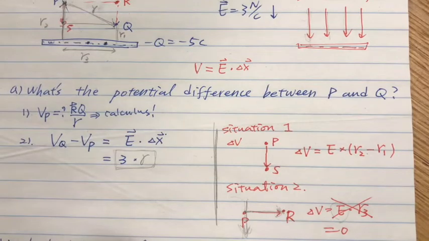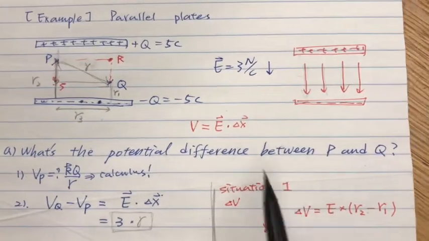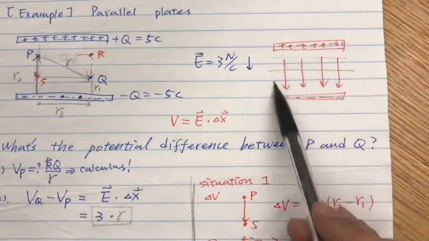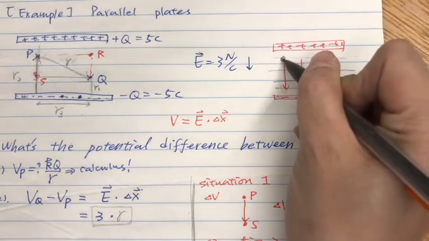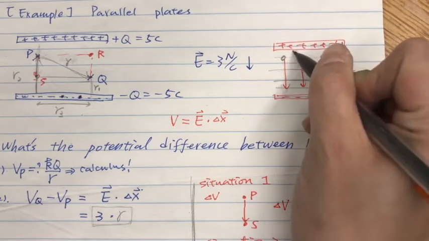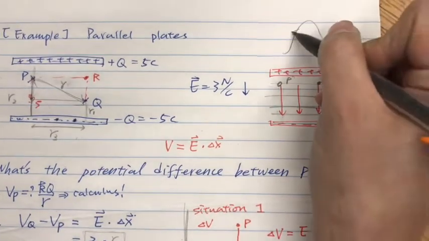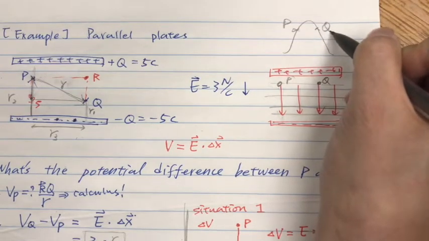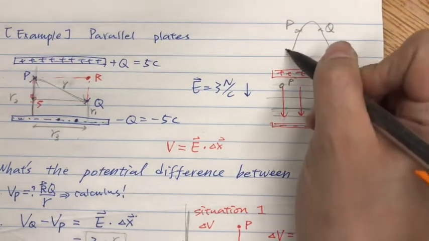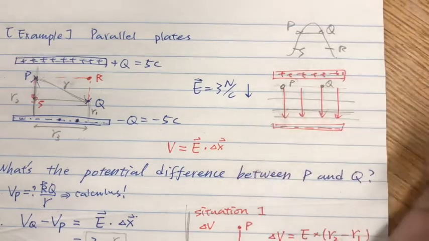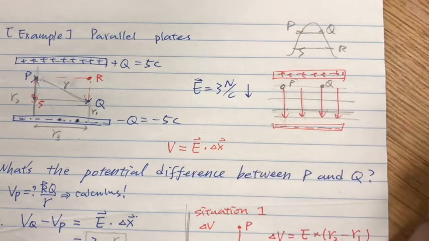And you can kind of see this from the equipotential line, because we know the equipotential line will look like this, right? So if this is P, this is Q, they're really on the same equipotential line. Remember the amount of energy analogy? This is P, this is Q, and this is S, this is R. These two are really on the same potential.